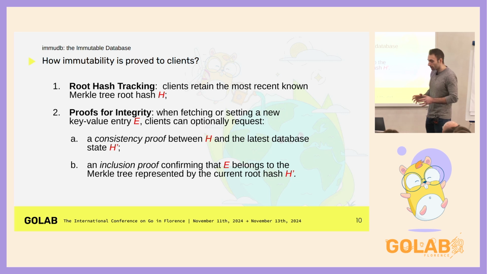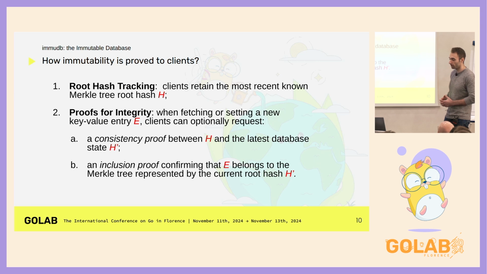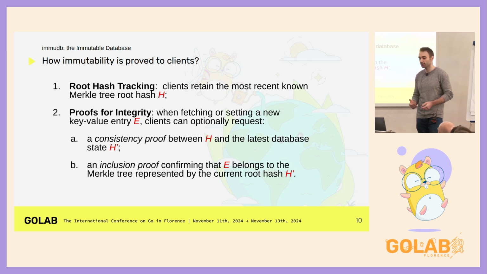So how can the client finally get a proof of immutability? We have to say that each client also caches the latest hash that it has seen for any database it is interacting with on the server.